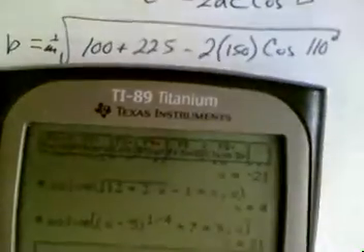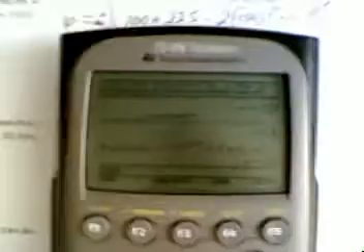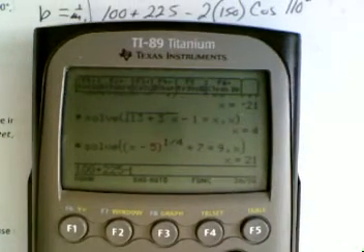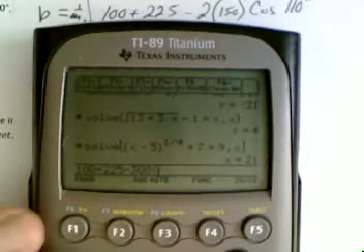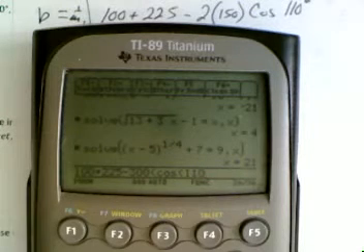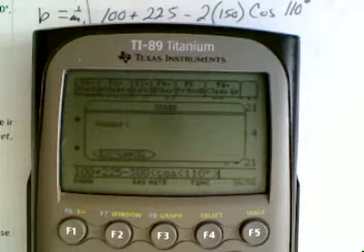I'm going to type in exactly what I see here: 100 plus 225 minus 300 times cosine of 110, with the degree symbol. Make sure it's in degrees.